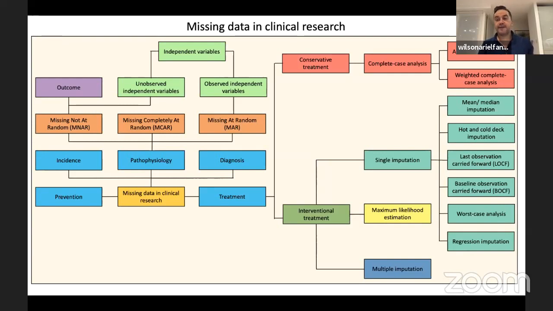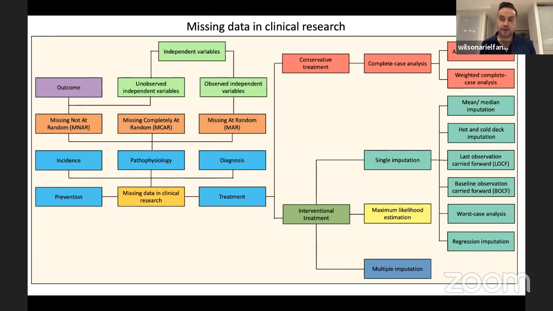And finally, there's something more interesting, which is the regression imputation. So basically, you just run a regression model, and based on the variables for that particular patient, for example, the age, the gender, the race, you can try to predict what would be the missing data for that specific patient.